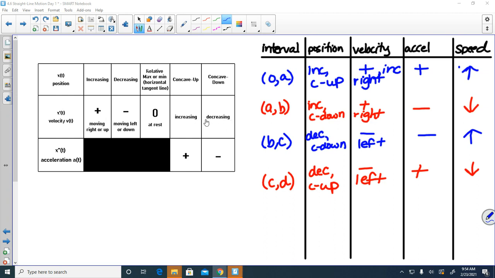On the next interval, because position is concave down, the velocity would be decreasing. Next interval, because position's concave down, velocity is going to be decreasing again. And the last interval, because position is concave up, velocity is going to be increasing. So that's going to help me because remember, I'm trying to work with the velocity of the bunny.